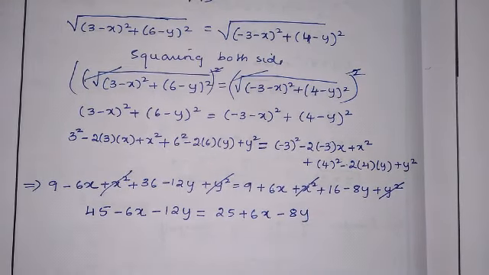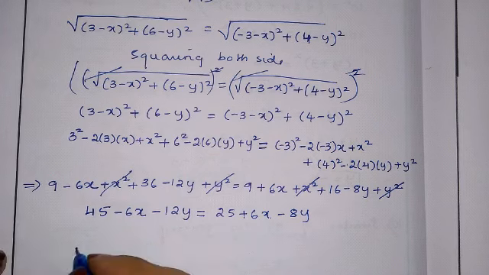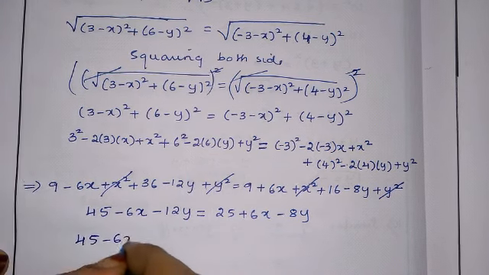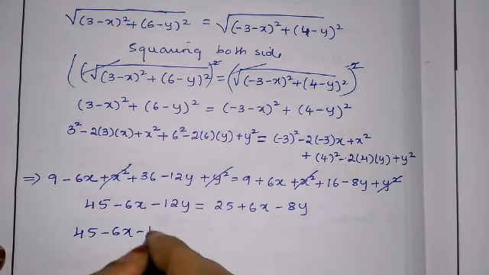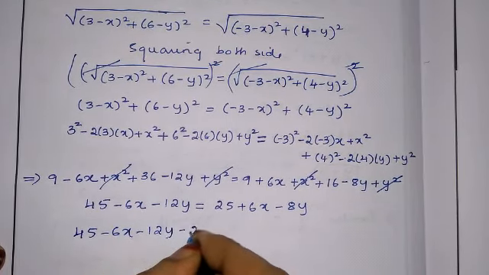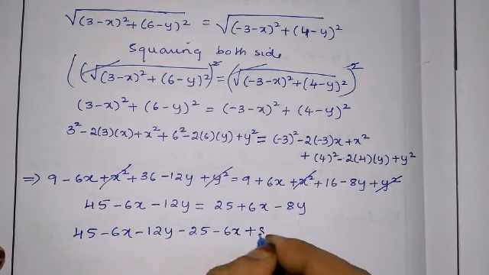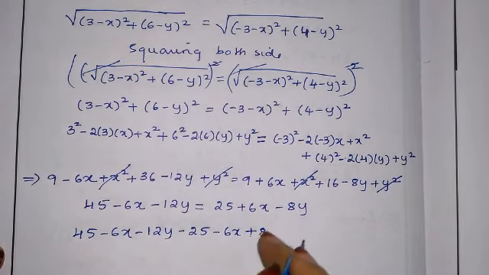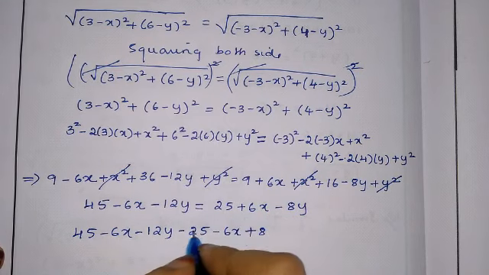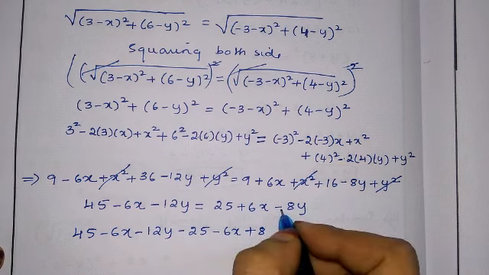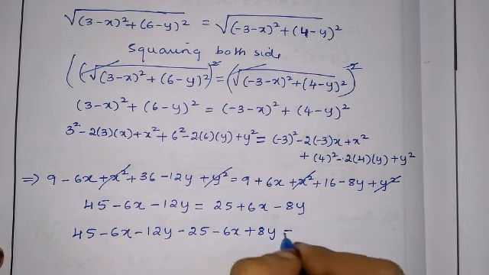Now we will bring x term one side, all terms one side. Okay, 45 minus 6x minus 12y minus 25 minus 6x plus 8y. If we bring this side things this side, it will change the sign. Plus 25 will become minus 25, plus 6x will become minus 6x, minus 8y will become plus 8y.